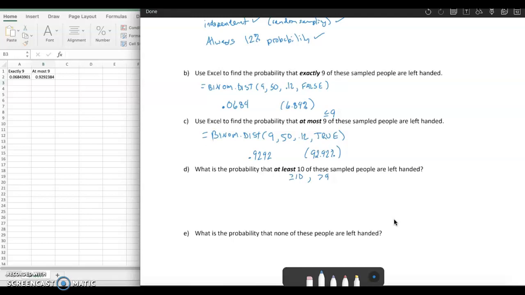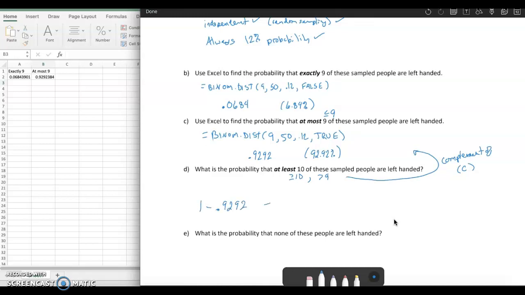So what we need to do, this is basically the complement of part C. So we're going to subtract. We are going to just say, well, this is everything else. So this is 1 minus 0.9292.